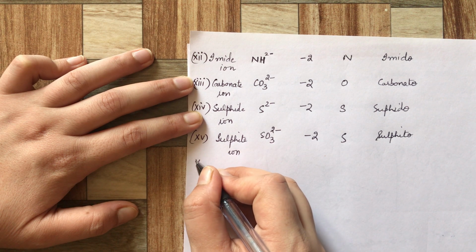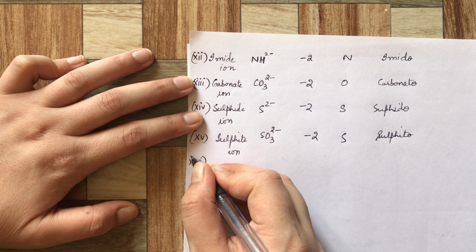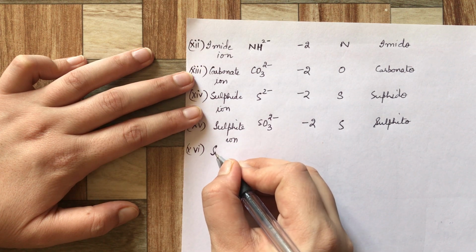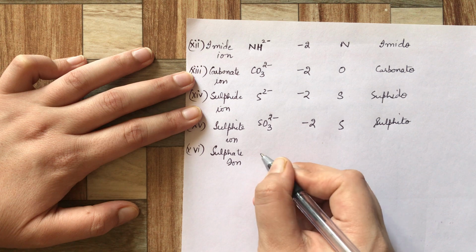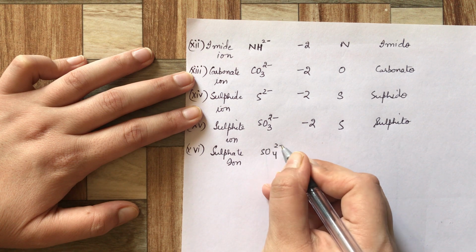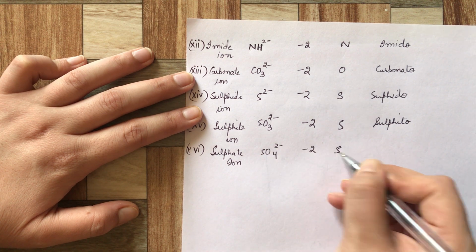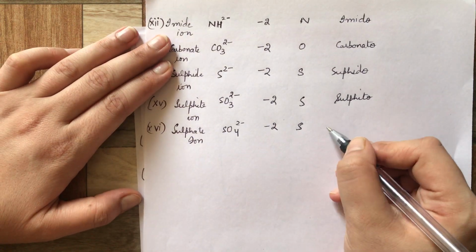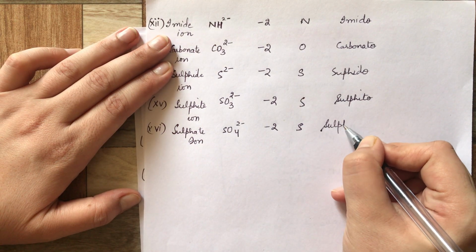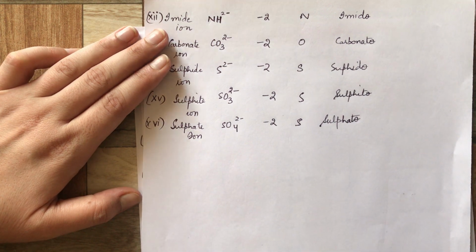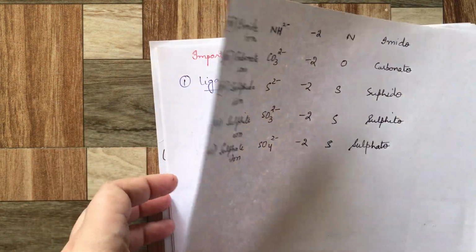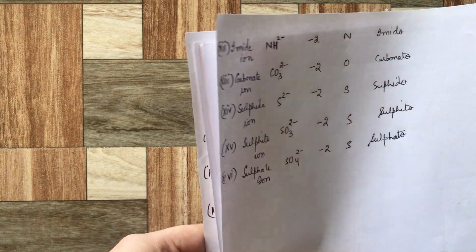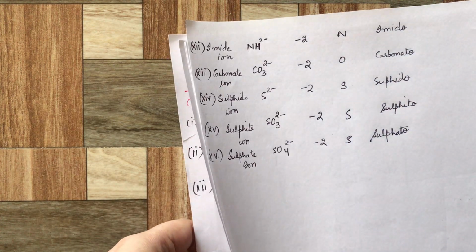Next is the sulfate ion, which is SO4, 2 negative, it is minus 2, sulfur, and it is called sulfato.